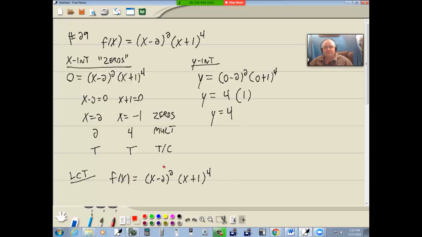Well, what you can do, and this may seem weird, is take your largest power of x, that term there, and raise it to this power. Take your largest power of x here, and raise it to this power. That would give us x squared times x to the fourth.